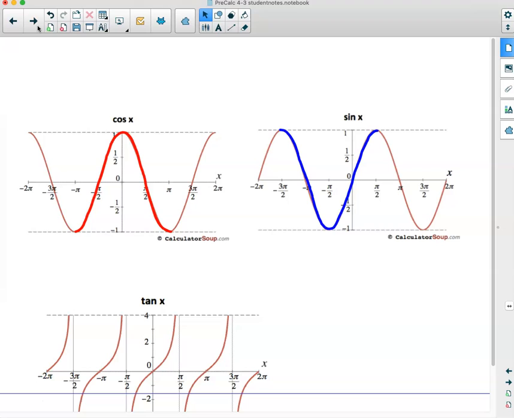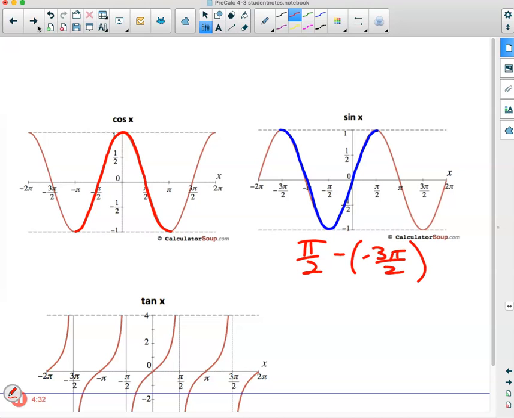And this one for my x's went from negative 3 pi over 2 to pi over 2. So if we wanted to find the distance, to find distance, what you do is you find the difference between those two positions. And of course, minus a negative is going to make this a plus. That'll give us 4 pi over 2, which is 2 pi. So like I said, for visual folks, it's a little bit easier to remember the sinusoids, cosine and sine. Hey, that's 2 pi.